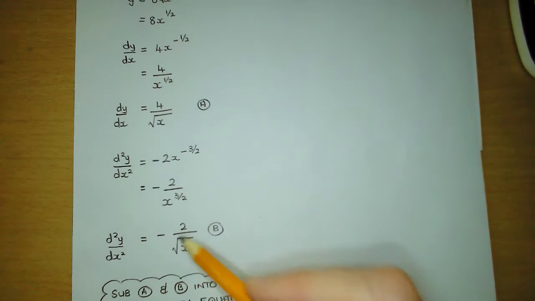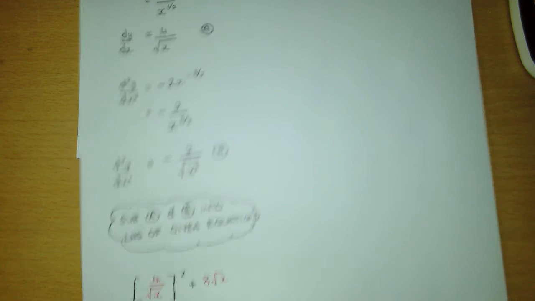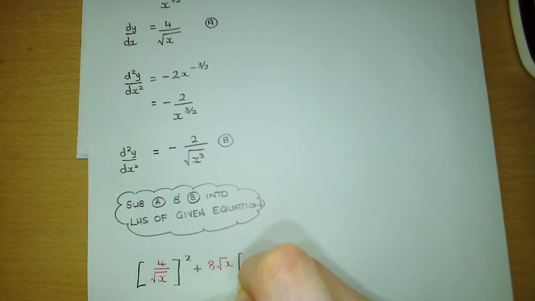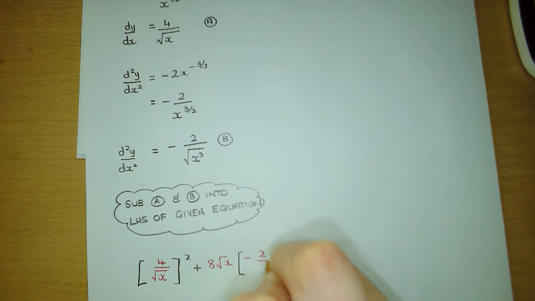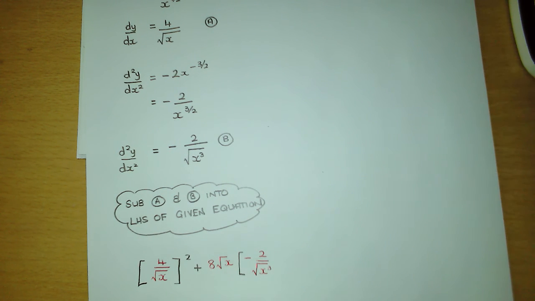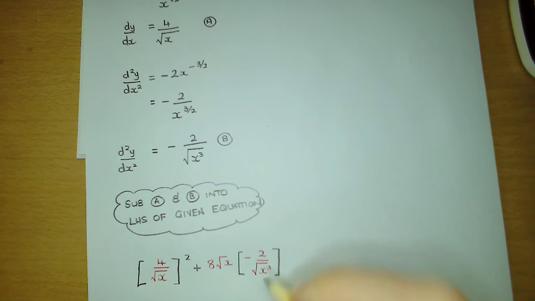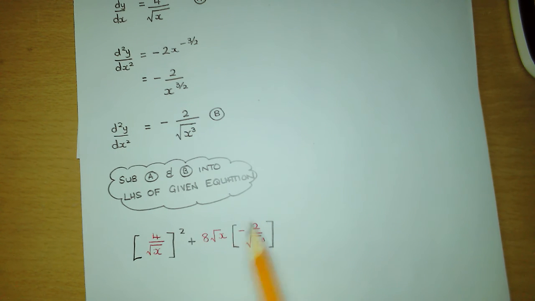So we're going to chuck in the second derivative, which is now that. Okay, so that's what we've got. So we want to show that this all boils down to 0.